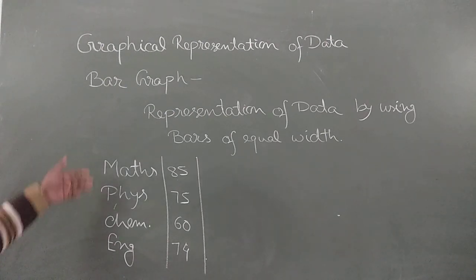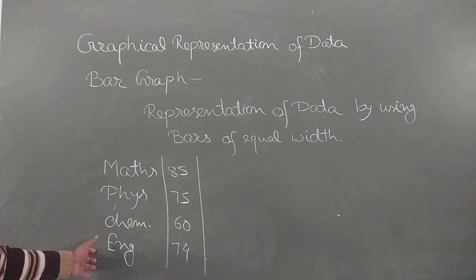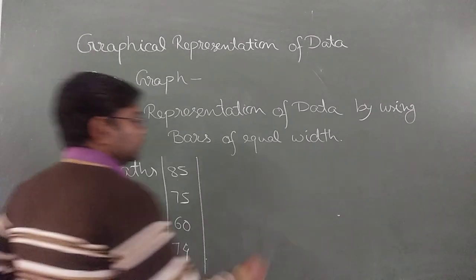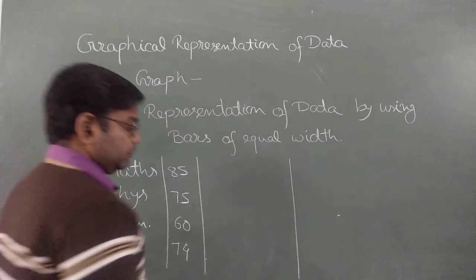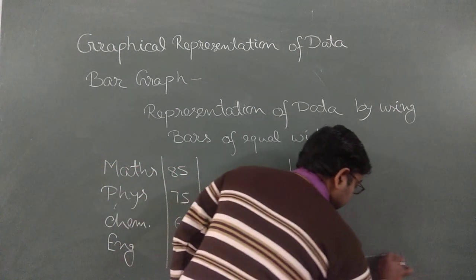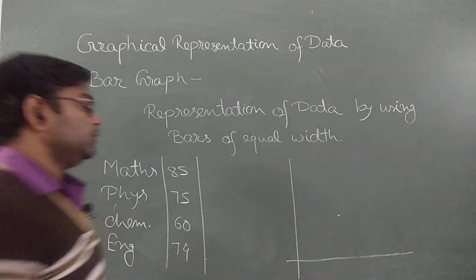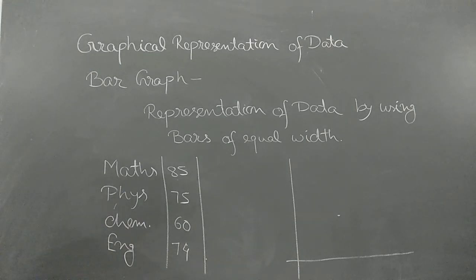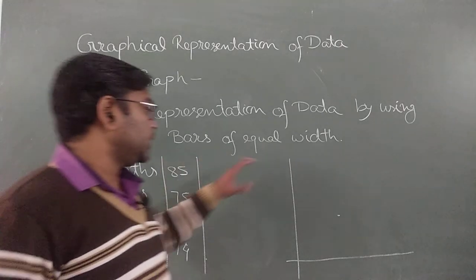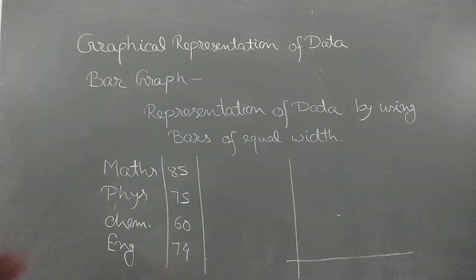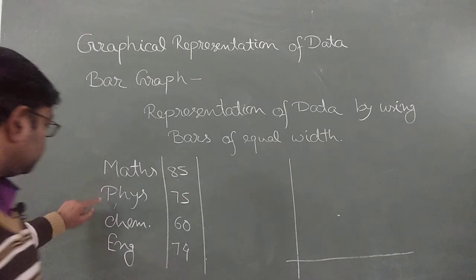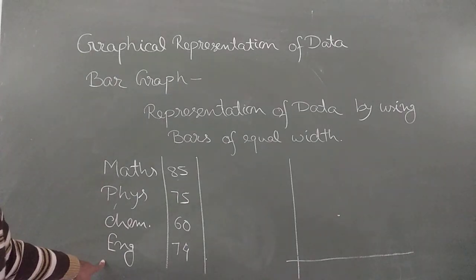How do we represent this data on a bar graph? In this we first use the x-axis and y-axis likewise. Generally in this case there is no negative portion, means there is no negative graph. The graph is always positive in a bar graph. Then we plot these subjects on the x-axis only.